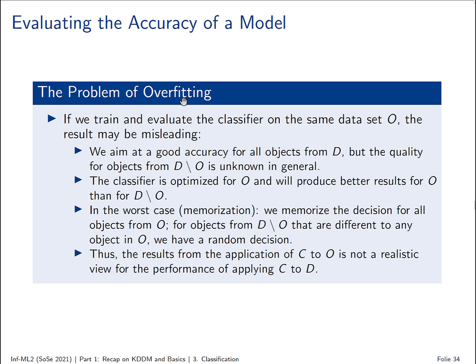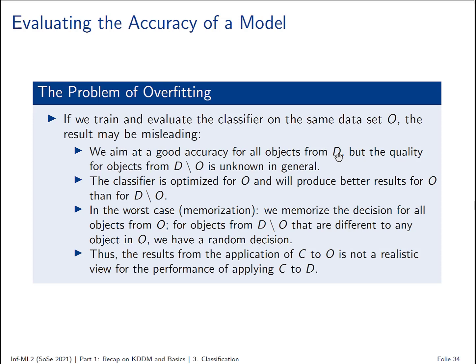Yeah, but of course that is a kind of vicious thing, because if we train and evaluate a classifier on the same data set, the results may be misleading, because we aim, of course, at a good accuracy for all objects from the data domain, not only from the data set.